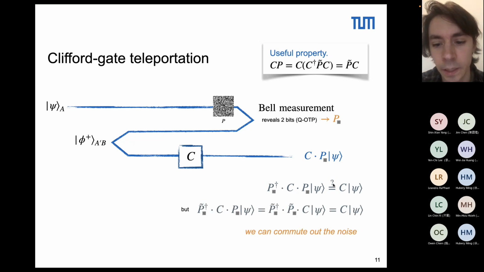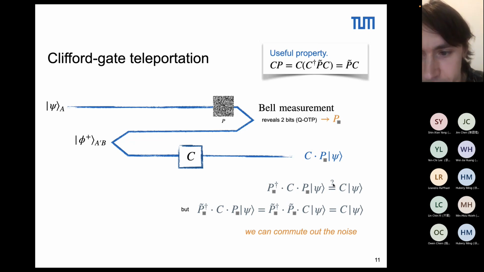But what is true is this property, that we can commute out the Pauli out of the Clifford, meaning that instead of seeing our final state as a Clifford and then a Pauli, we see it as a different Pauli and then a Clifford. And this Pauli can be computed by knowledge of the initial Pauli gate and from the Clifford gate.